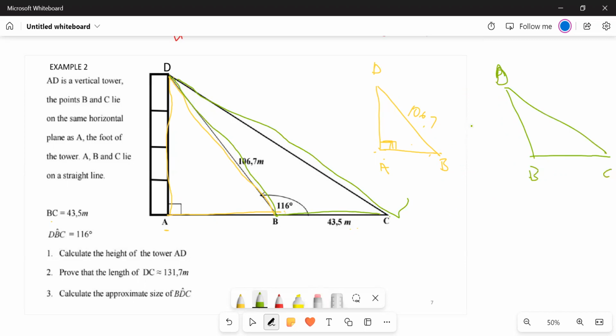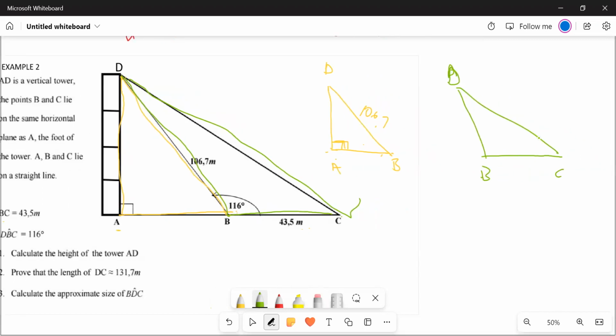Okay, give me the things that you have on DBC here, Vilankul. What do you have here? Do you know what is DB? What is DB? 106,7. Stop whatever it is that you're doing. Do you know what is BC? What is BC? It's 43,5. Do you know what is DC?